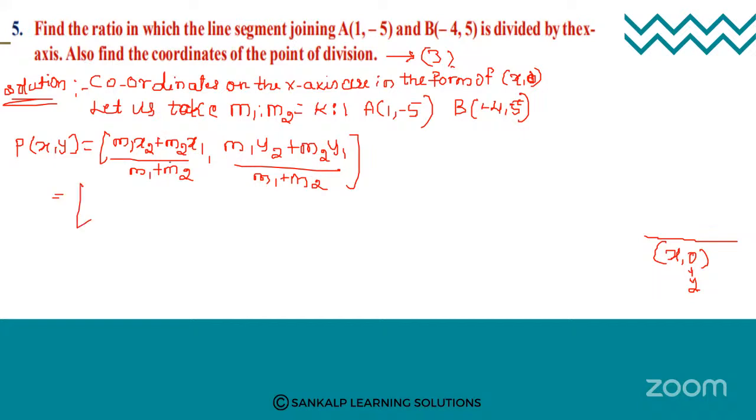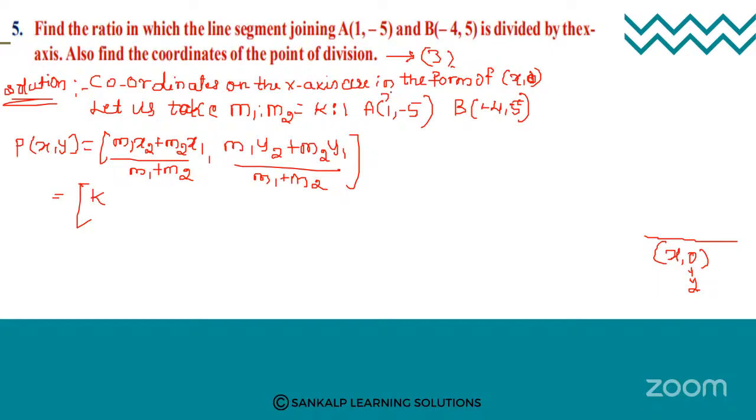Yes, dear children, here we have taken m1 as k and m2 as 1, right? So now we have to find the coordinates of the point of division, that is, we have to find the k value, right?